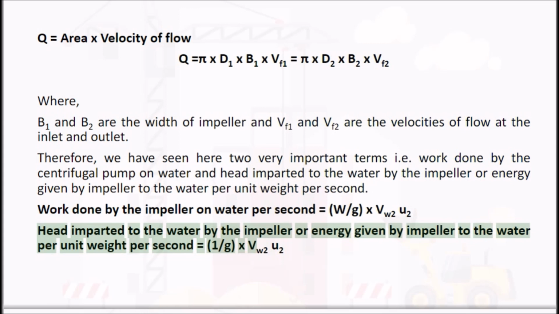Head imparted to the water by the impeller, or energy given by impeller to the water per unit weight per second equals 1/g x V_W2 U2.